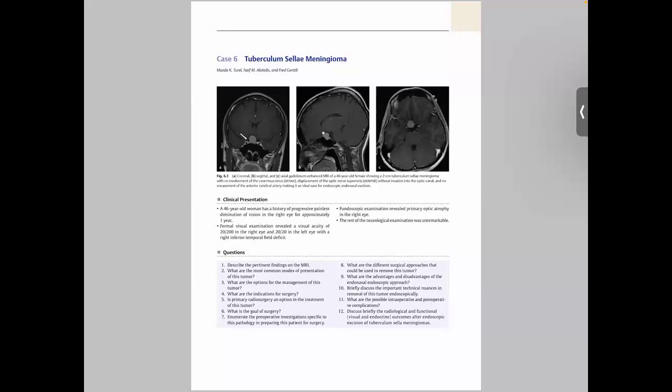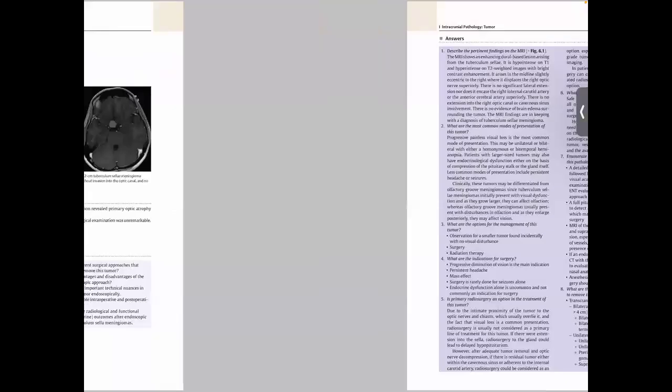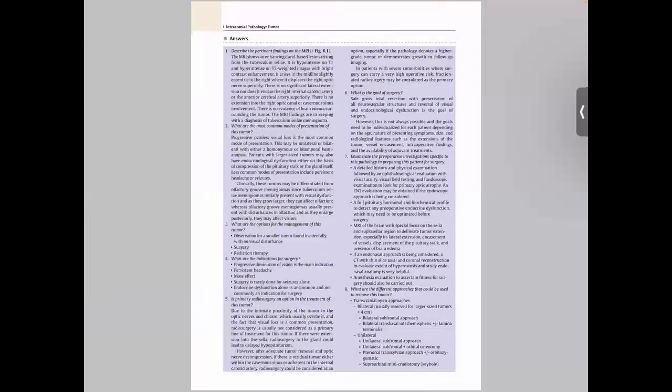I think it is in how they displace the optic nerve. Now the tuberculum Sellae meningioma usually displaces the optic nerve superiorly, unlike an olfactory groove meningioma, which causes an inferior and inferolateral displacement of the optic nerve. I think that is a very important point to note. It's a very common exam question, because those meningiomas are similar.